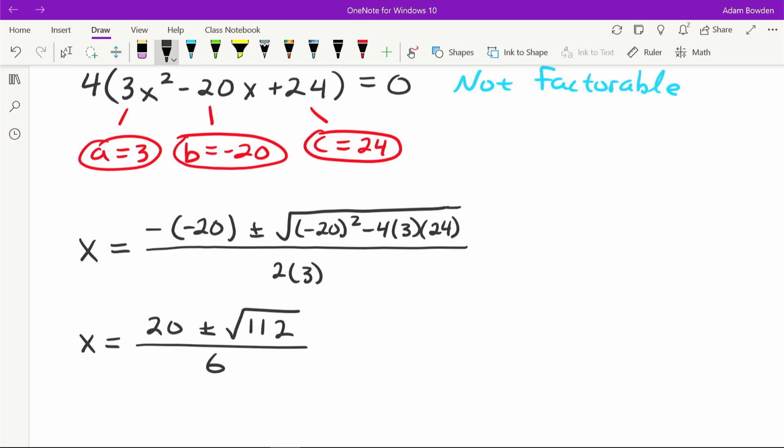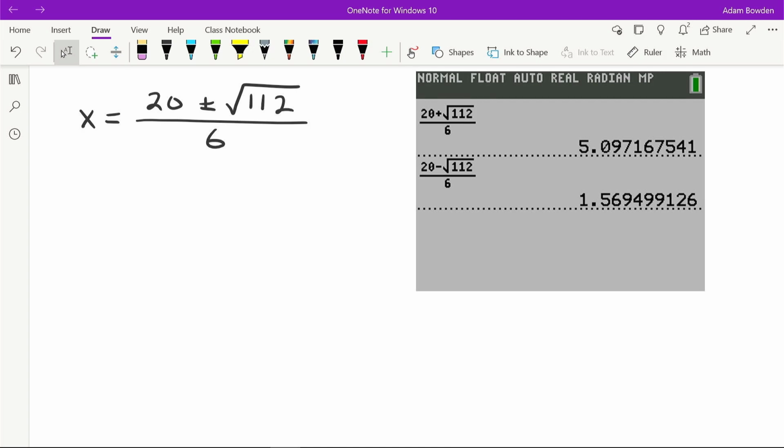Now we need to calculate that and see what in the world this is. It's going to be a decimal of some form. Here's what I came out with when I plugged it in the calculator. I did it with both positive and negative, plus or minus, and I came out with two numbers. X could be approximately 5.1, or X could be approximately 1.6.